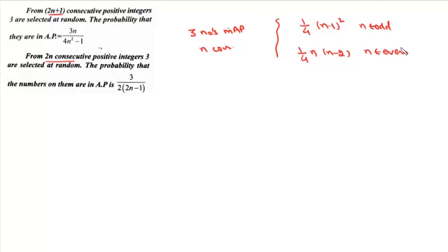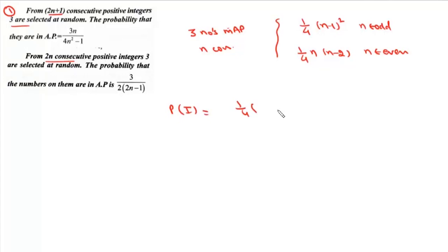Now for the first one, we have to select 3 numbers in AP. In this case 2n plus 1 is an odd number, so the required probability for this first case will be 1 by 4.